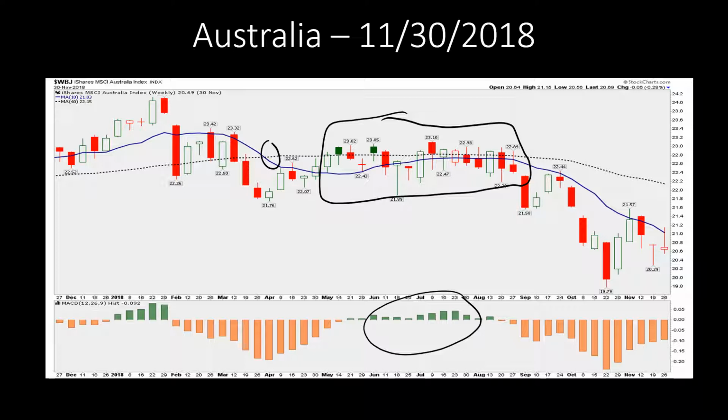As of last week, the MSCI Australia Index is showing major weakness as price and the 10-week moving average continue to be below the 40-week moving average, and momentum is also negative on this chart. But there may be some hope for the Aussies, as though momentum is negative, the yellow bars are getting smaller, which gives hope for a new positive trend.